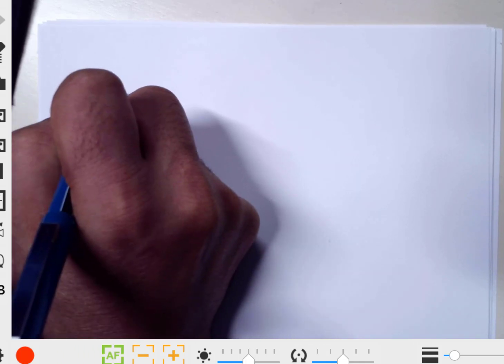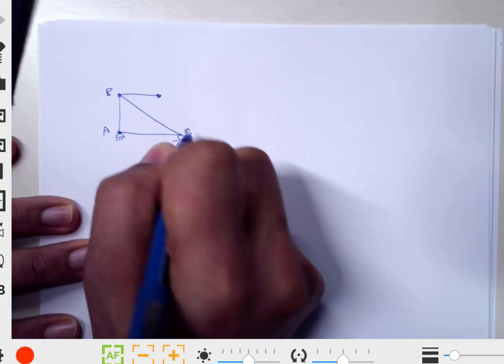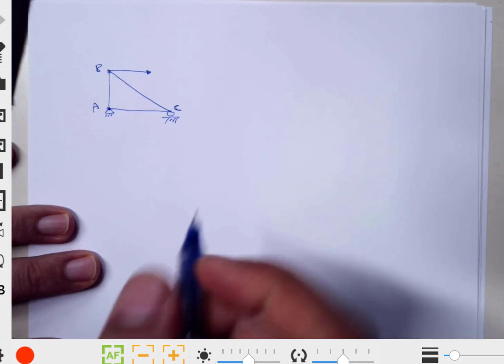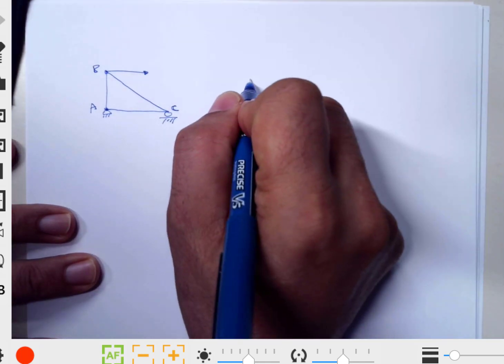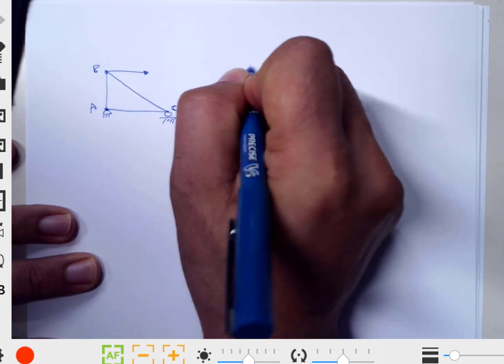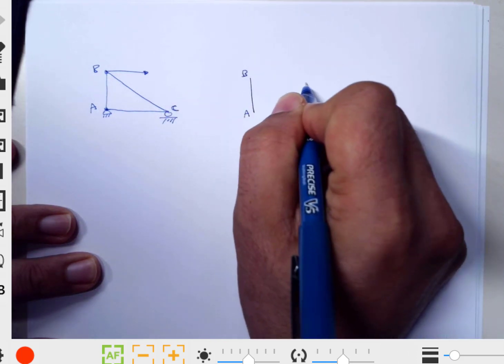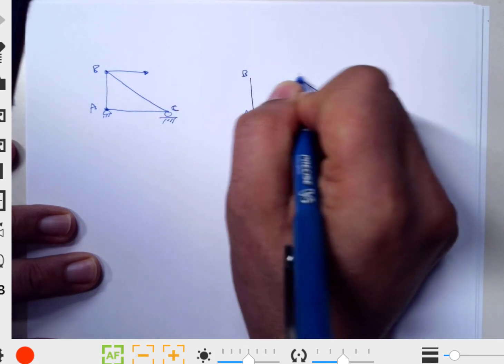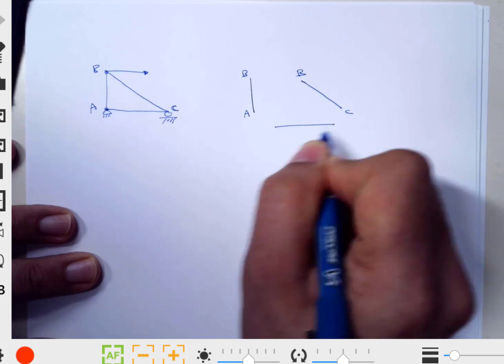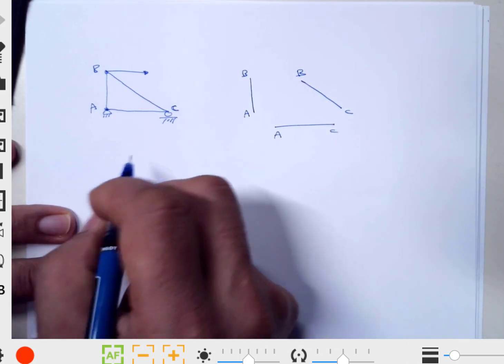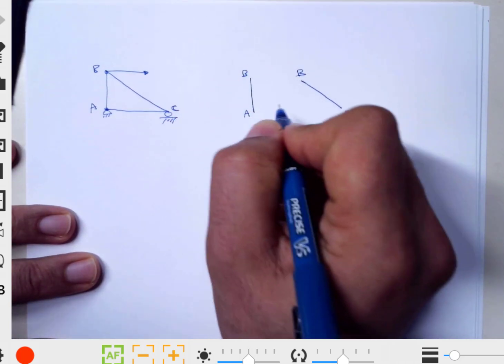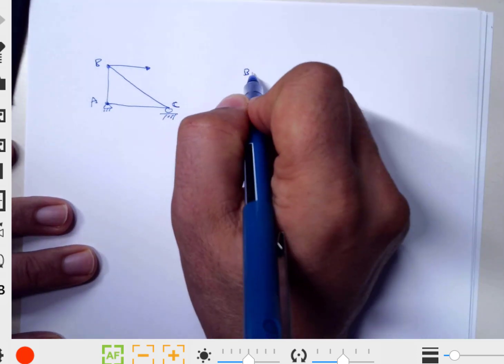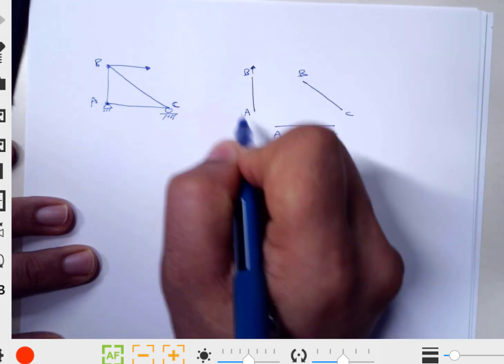This is A, and this is B and C, right? So the first step is you take each member. So you have A and B, C and B, and A and C. And we assume that each of these members is undergoing tension, right? So this is the tension.